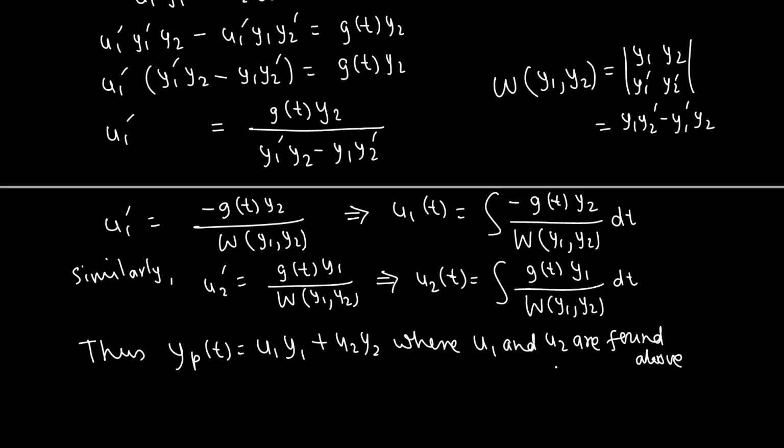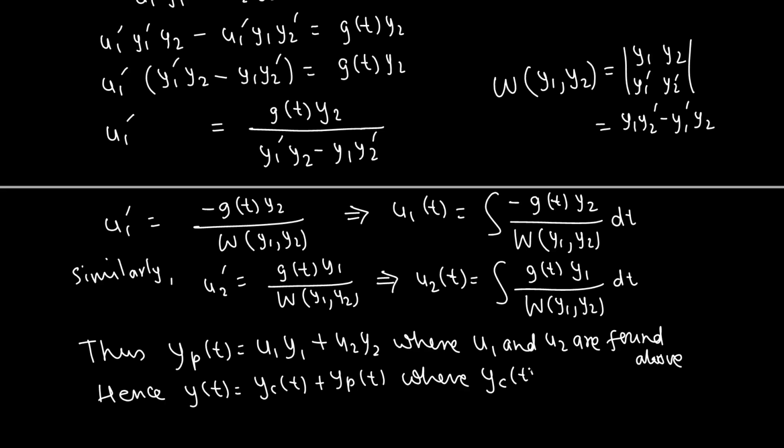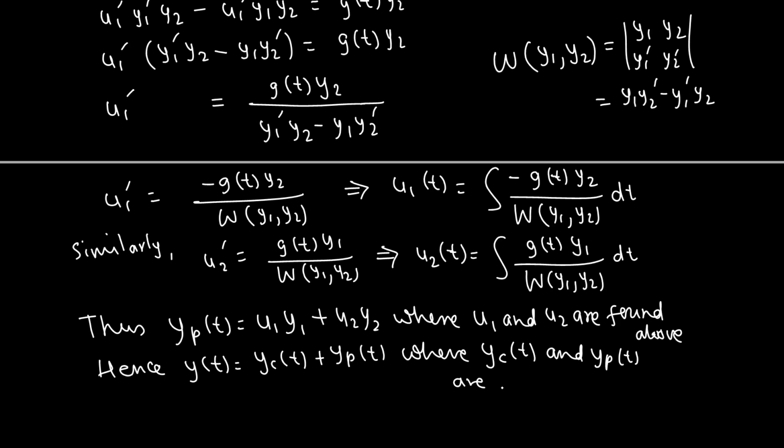Okay, and the whole solution y, the solution of the original ODE, is the complementary solution plus a particular solution. In fact, y_c is C1 y1 plus C2 y2, where y_c and y_p are found above. Okay, final.